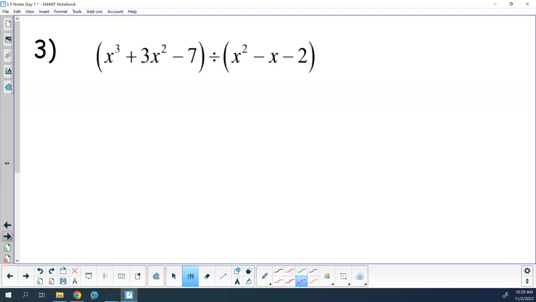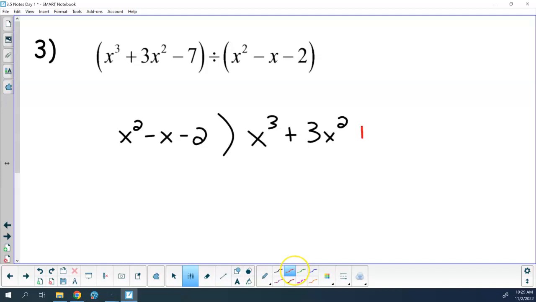Done the exact same way, even though now we're dividing by a trinomial. So the divisor goes on the outside. The dividend is modified to have the 0x in it because we need to have all of our terms represented.